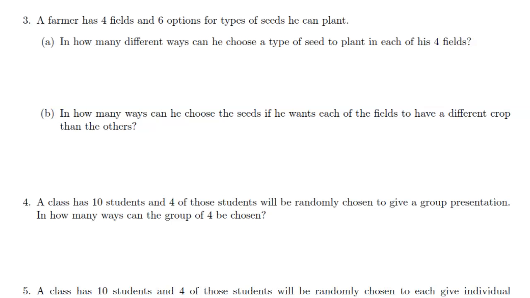So if we think about how many quote-unquote events there are here, if we think about what his decisions actually have to be, well, he has to decide what kind of seed to plant in field 1, what to do in field 2, field 3, and then the last one, field 4.